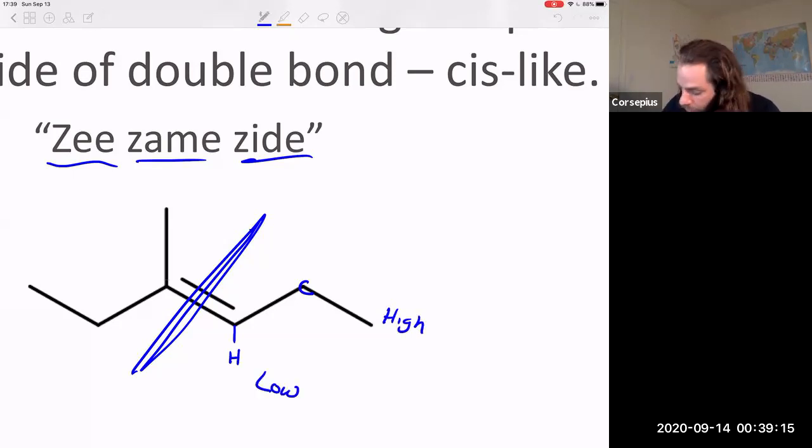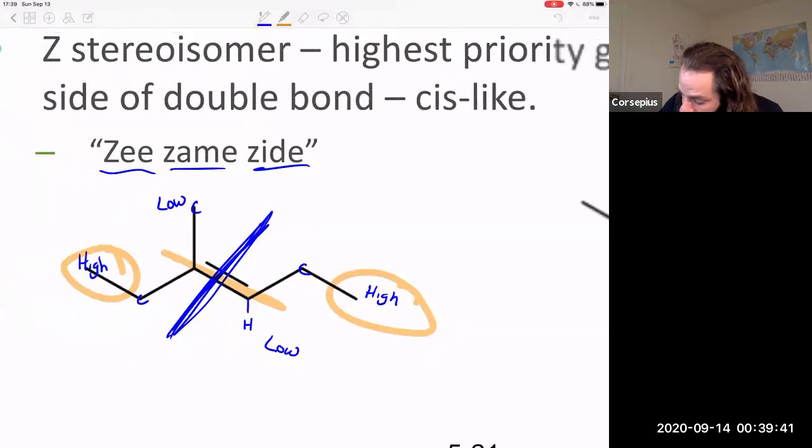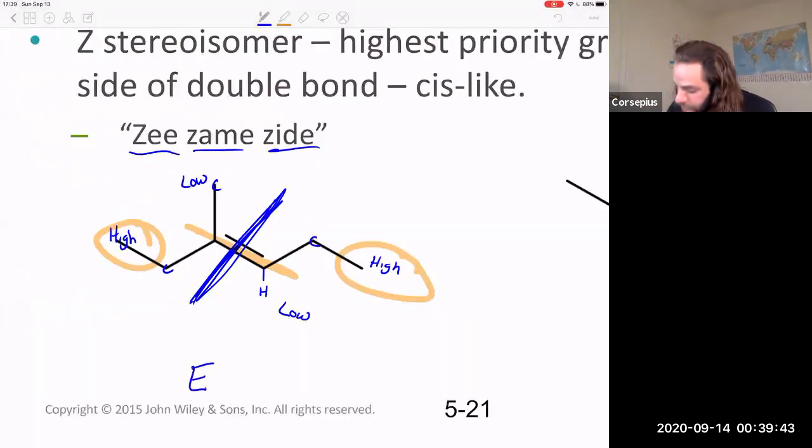Now we look on the other side of our double bond and assign high and low. Here we have 2 carbons, but one of them is attached to 3 hydrogens and the other is attached to a carbon and 2 hydrogens. So this is my high priority group, and this is my low priority group. Notice that my high priority groups are on opposite sides of that double bond, so this would be an E stereoisomer.